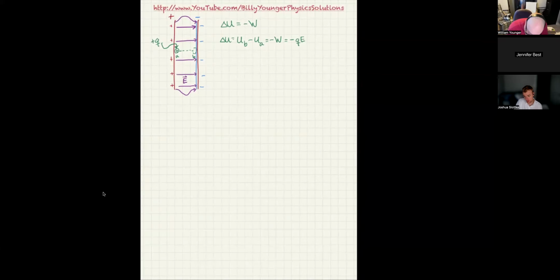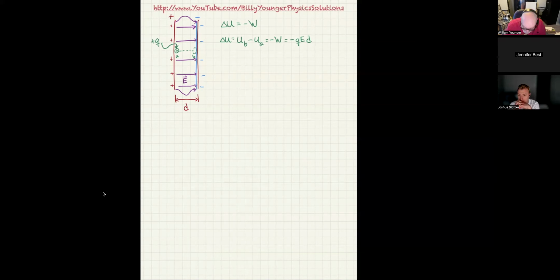And if we say, for instance, that this distance from here to here is d, then we get QEd is the actual work done, times, of course, a negative because we wanted the potential energy from that. From this, what we see is that the positive charge will actually, on its own, be compelled to move away from a positive plate and to a negative plate. And it's going to do it on its own.